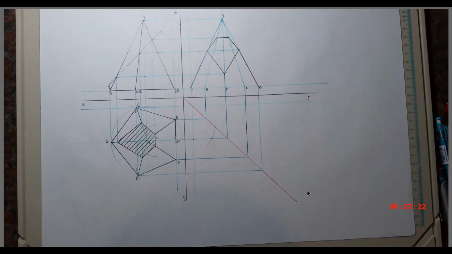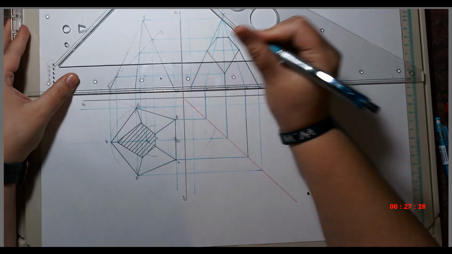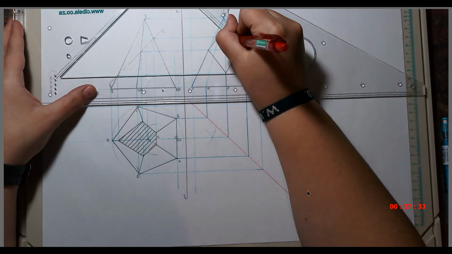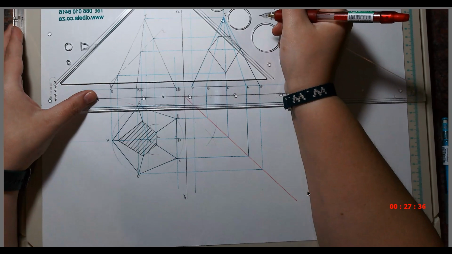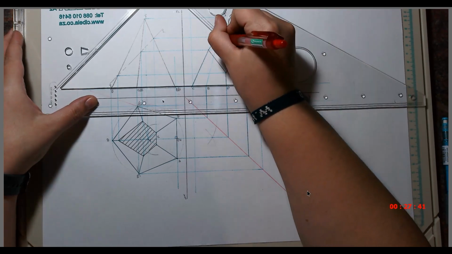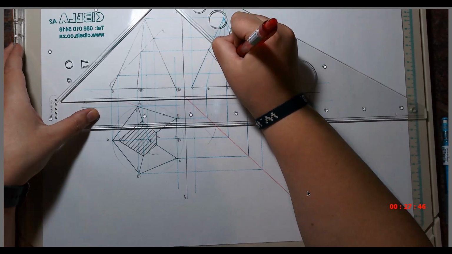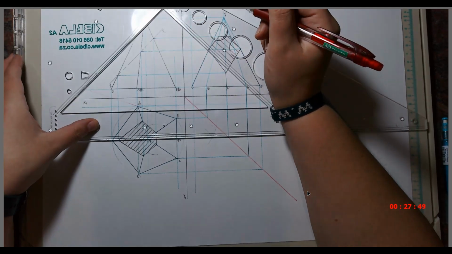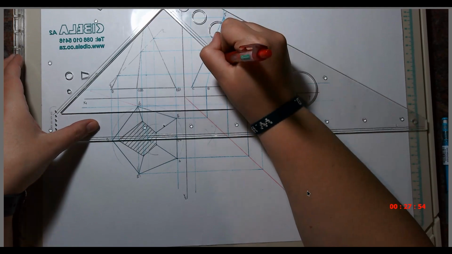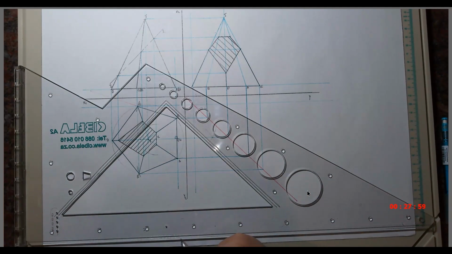So we only have that and then our baseline as well. And we need to hatch against 45 degrees. And that is my finished left view.